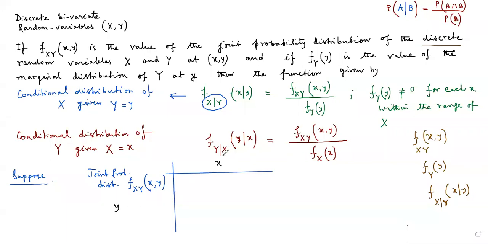So if I write x and y over here, and suppose in my case x takes two values only. For simplicity, I'm considering two values of x only, say, for example, -1 and +1.